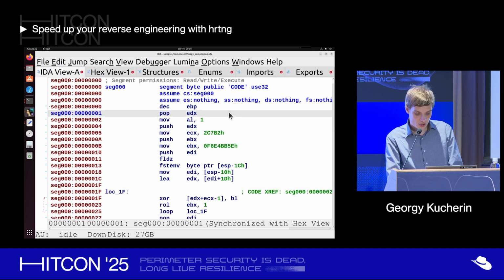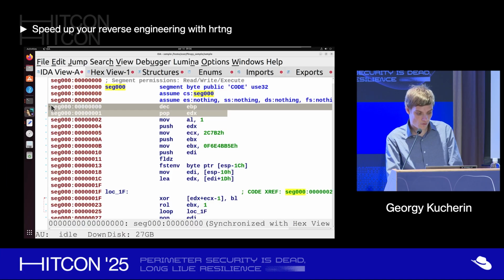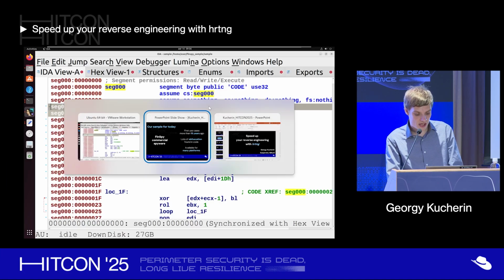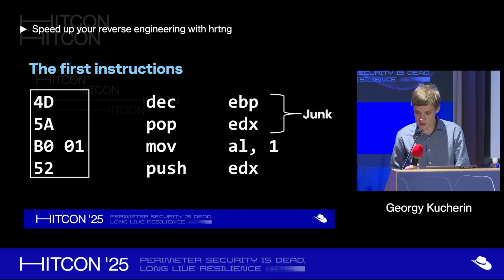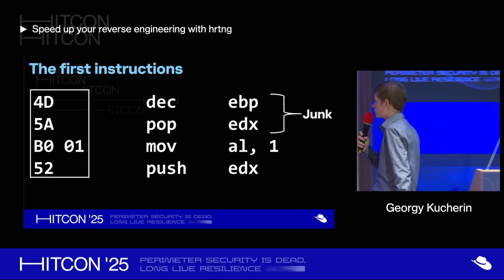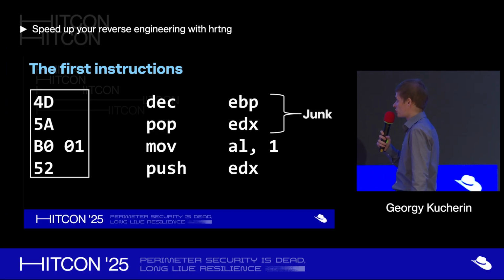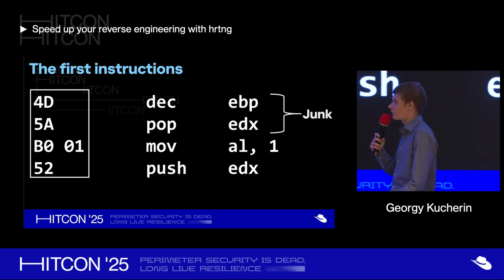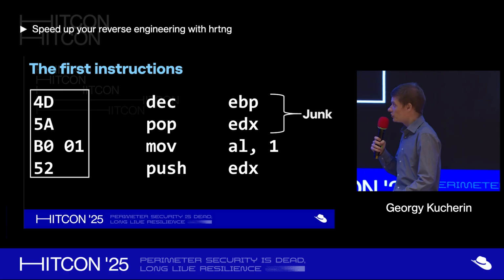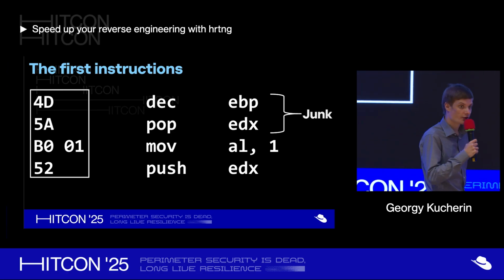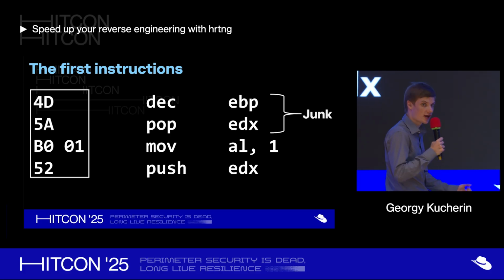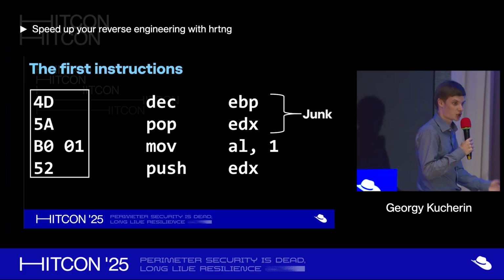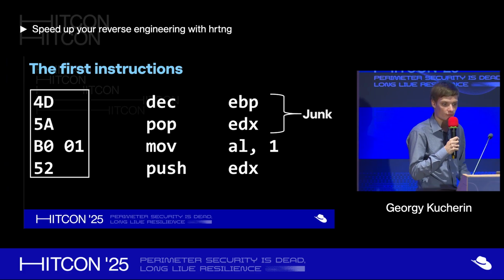We can see that the first two instructions of our sample are dec ebp and pop edx. If we examine the byte representation, we can see that the bytes of these two instructions are 4D5A. These are actually junk instructions that are added to make the first two bytes equate to 4D5A, to disguise this shellcode as a PE file.